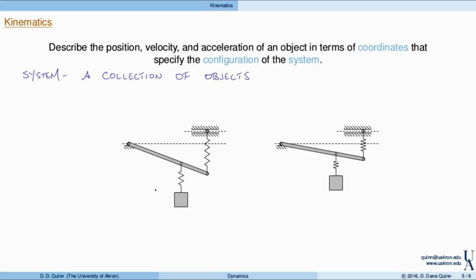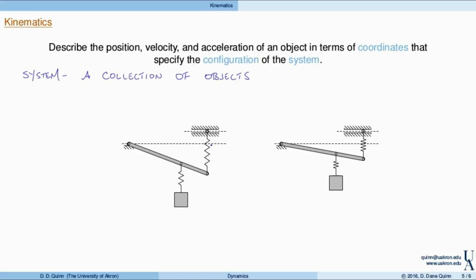And down here I have an example. Right? I have a bar that's pinned to the ground. There's a spring attached to the end. Then there's a second mass that's attached by a spring to that bar at some intermediate point. So this is the system. It's the bar and the 2 springs and the constraints and the block and everything.